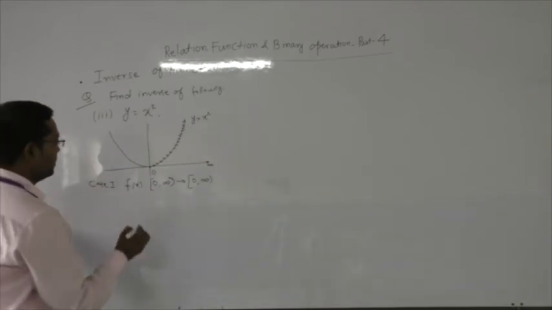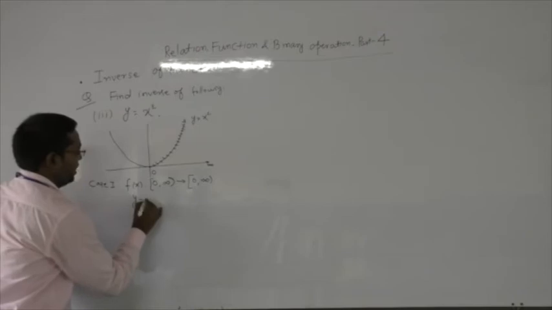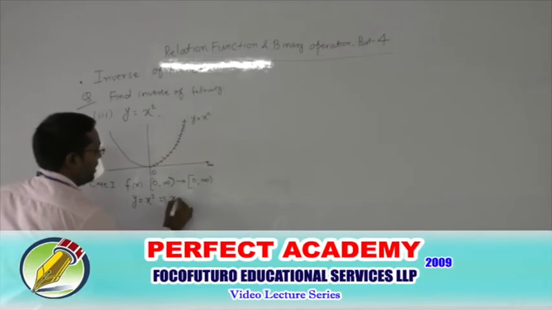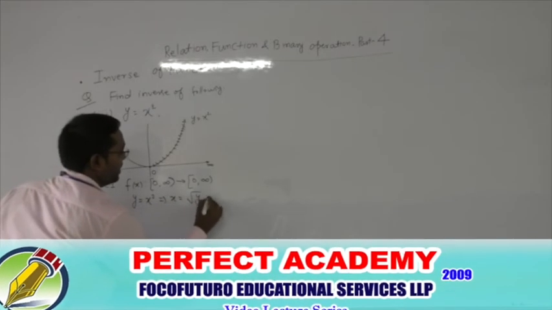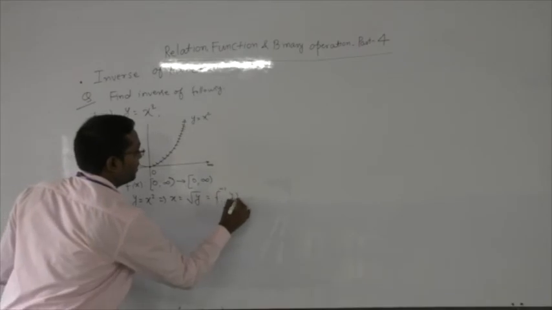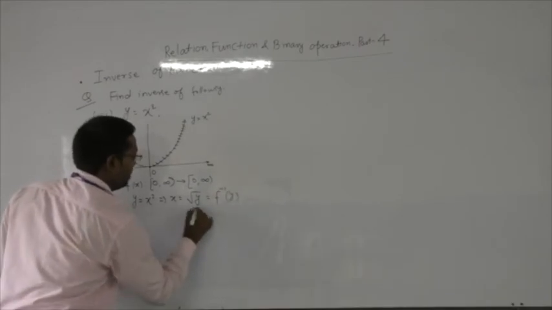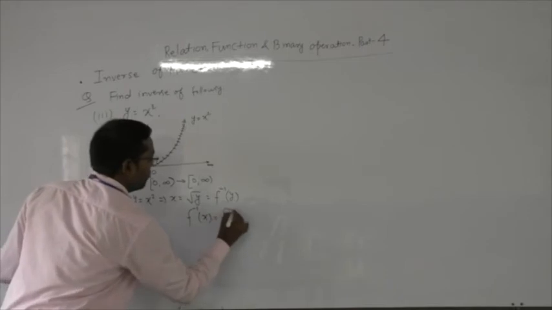In that case, we can write y equals x square, hence x equals root y. That will become f inverse of y. Hence, the inverse function will be root x.